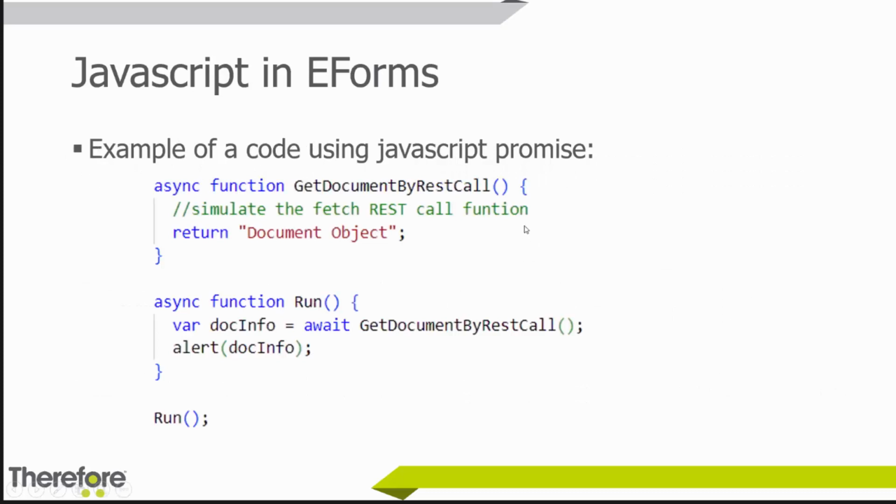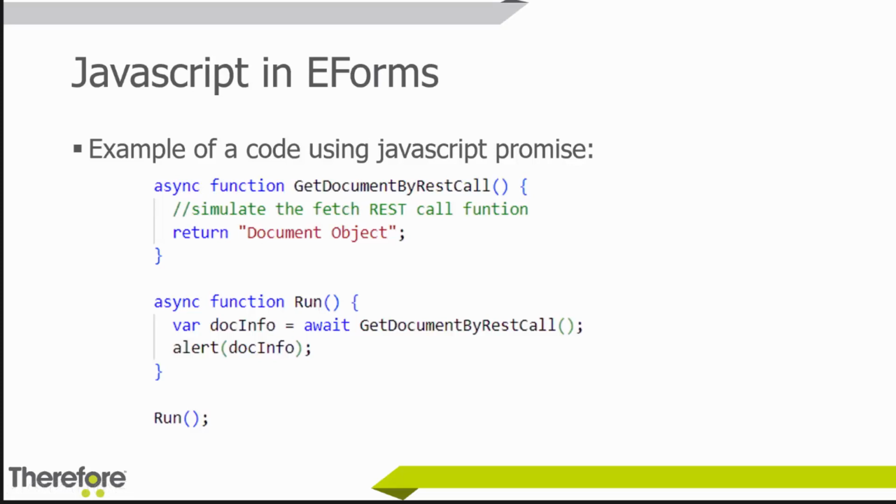Here's a very brief look at promises, right? I'm using this syntax and it is working very well for me. So it's very basic. You see my function run here. I want to get a document using a REST call, but since I'm consuming a REST call, I'm getting data from the server.